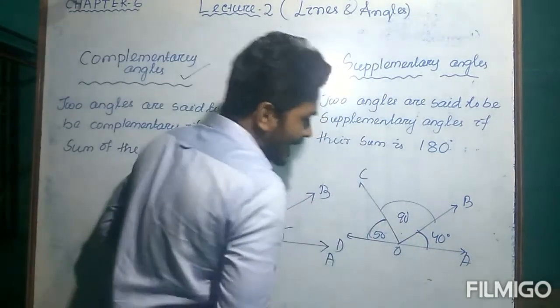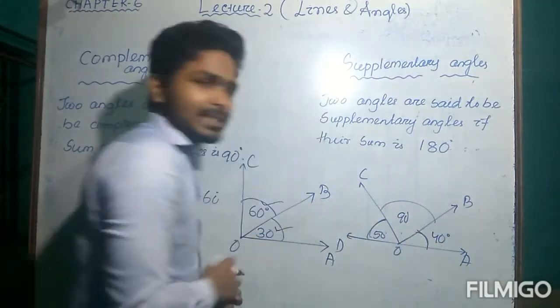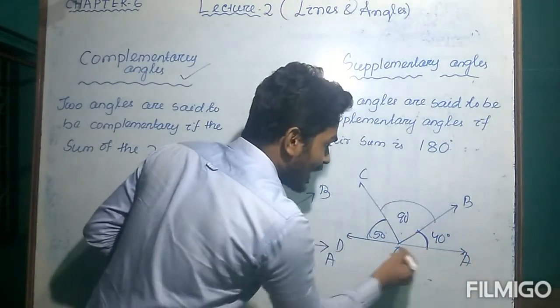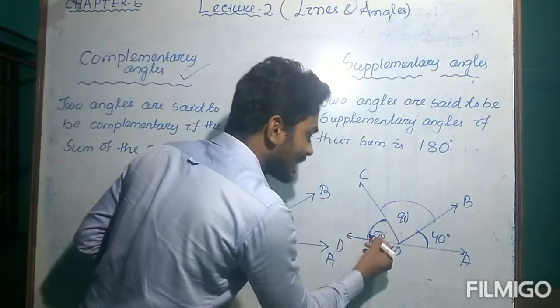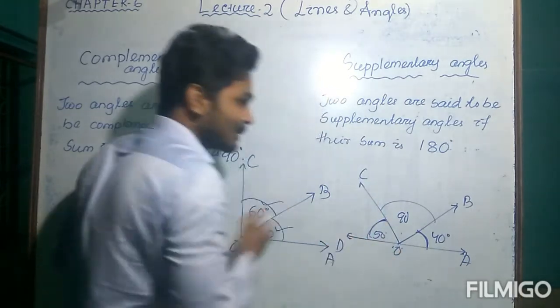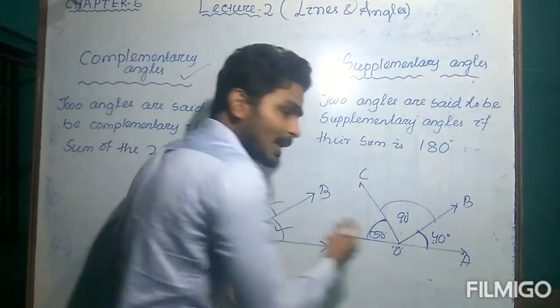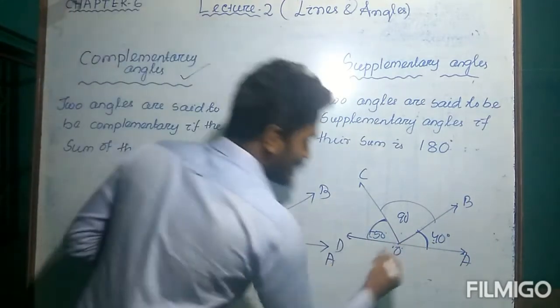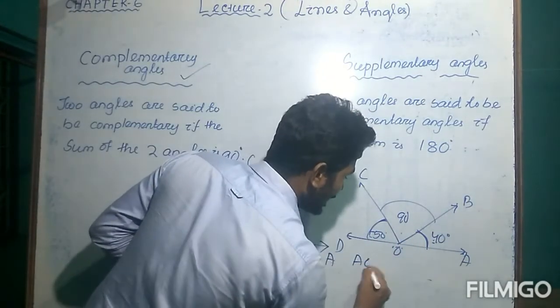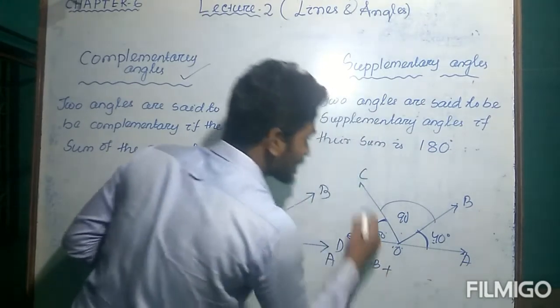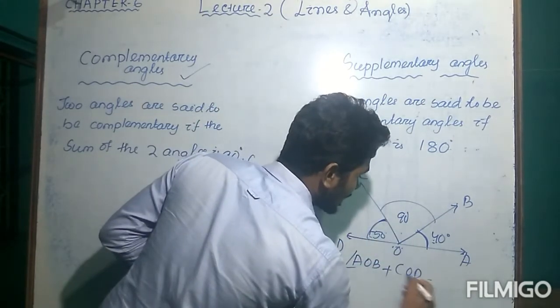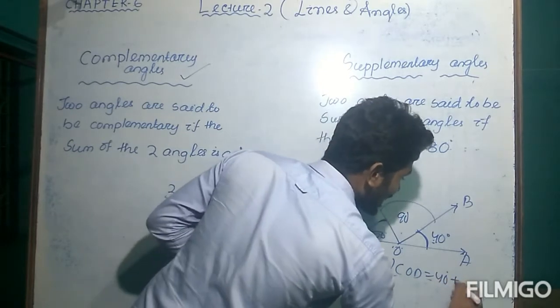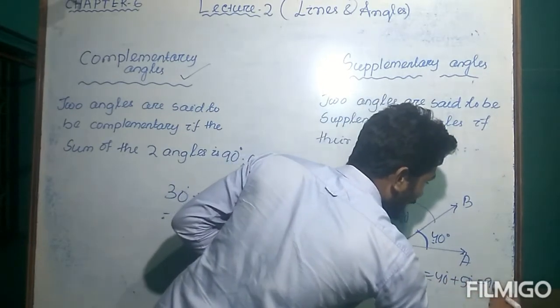Now out of these three angles, this angle AOB and this angle COD, when added, will give 90 degree. So you can write AOB plus COD is equal to 40 degree plus 50 degree is equal to 90.